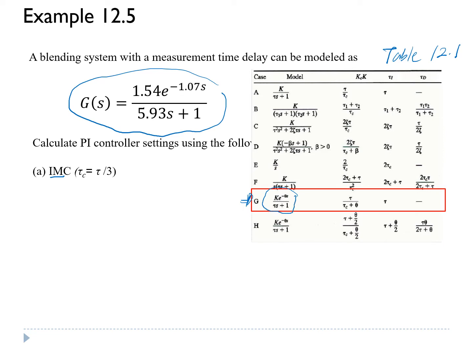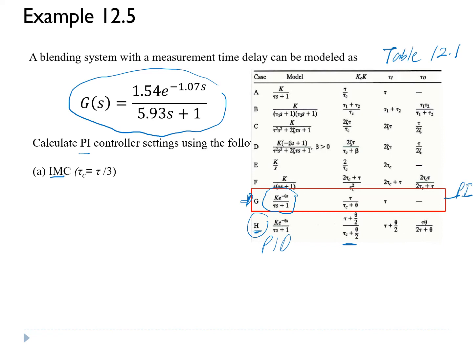The question is, why don't we use case H here? Because you want to calculate a PI controller. If you want to calculate for PID, then you use case H, because you have all the PID parameters here, Kc, tau I, and tau D. For this one, this is for the PI controller setting.